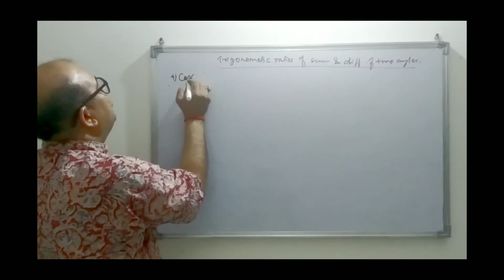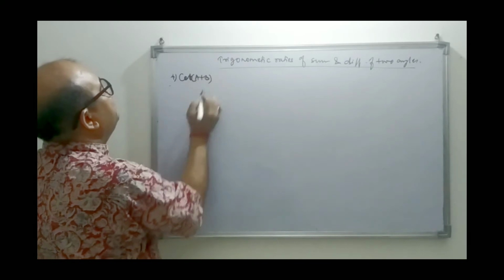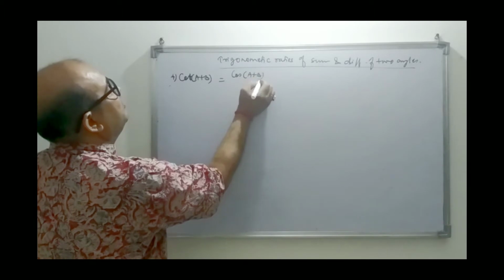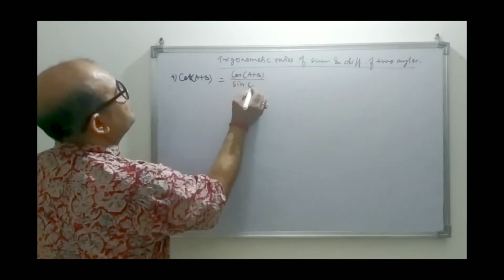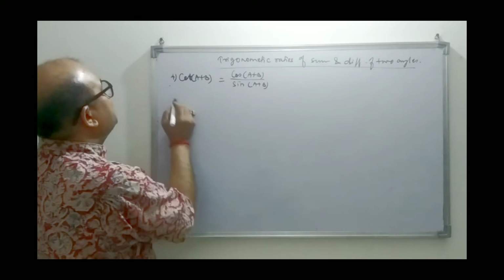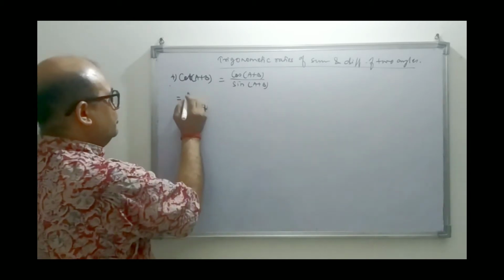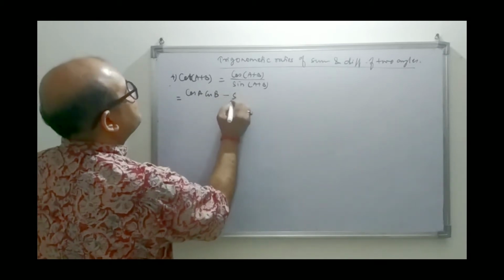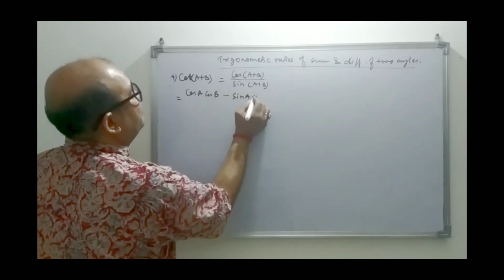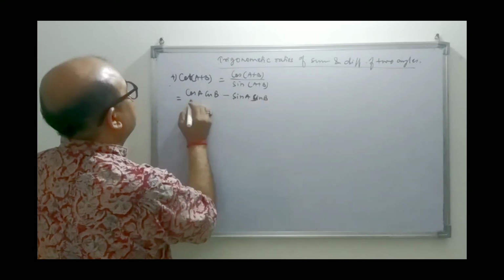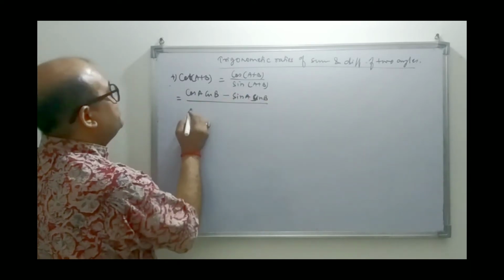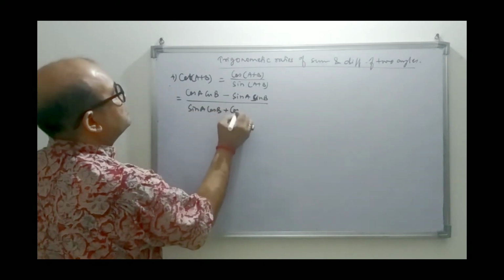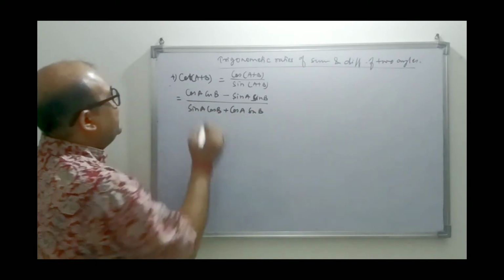Cot(A+B) can be written as cos(A+B) upon sin(A+B). What do I know? Cos(A+B) equals cos A cos B minus sin A sin B. And sin(A+B) is sin A cos B plus cos A sin B. Now divide it.